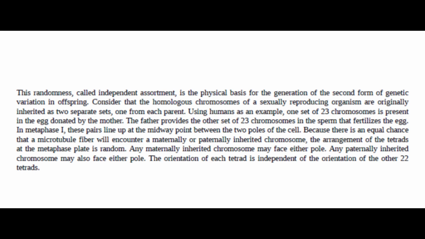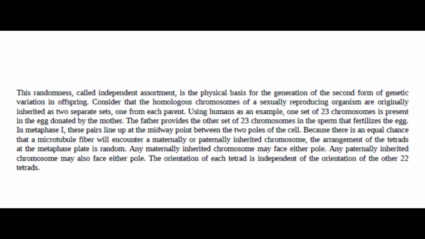Consider that the homologous chromosomes of a sexually reproducing organism are originally inherited as two separate sets, one from each parent. Using humans as an example, one set of 23 chromosomes is present in the egg donated by the mother. The father provides the other set of 23 chromosomes in the sperm that fertilizes the egg.